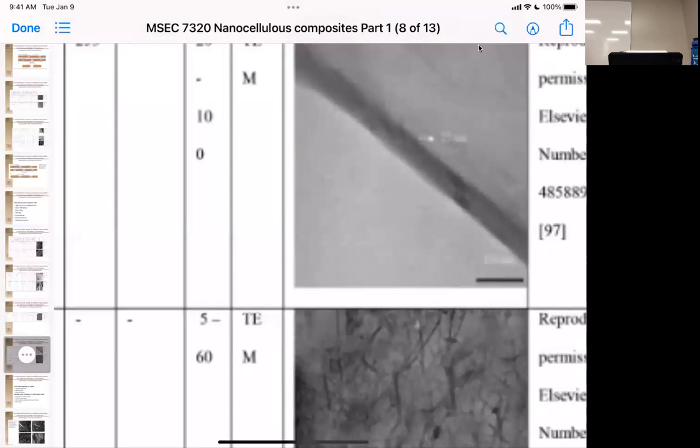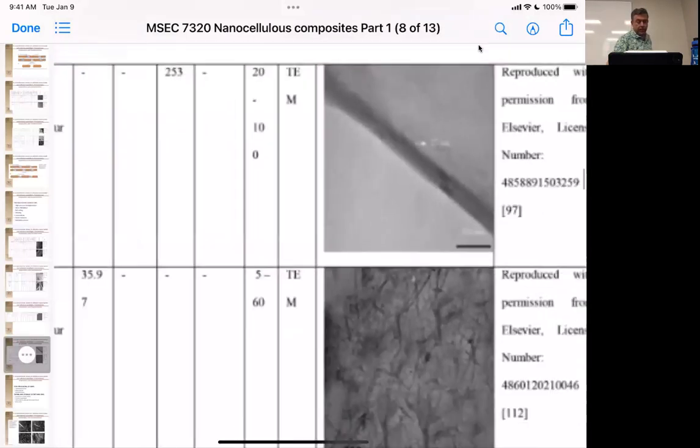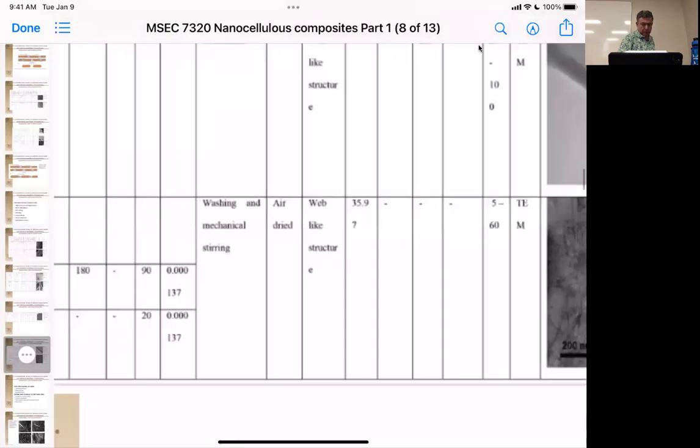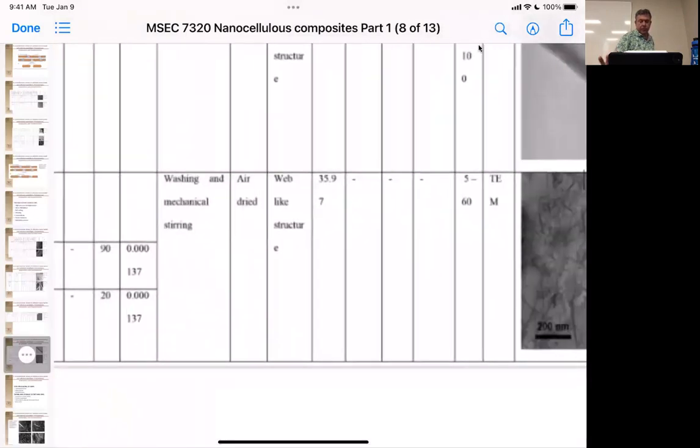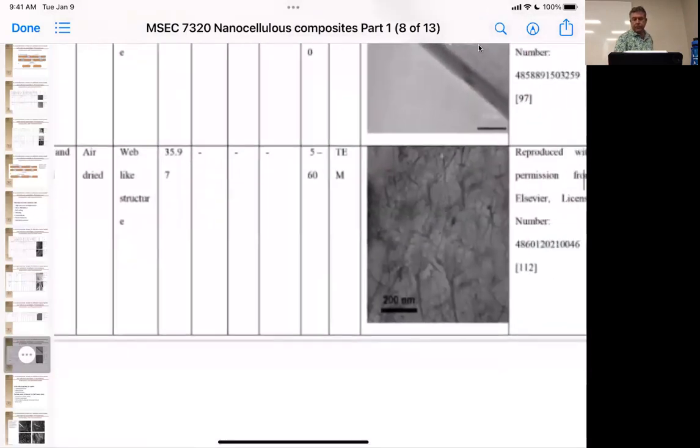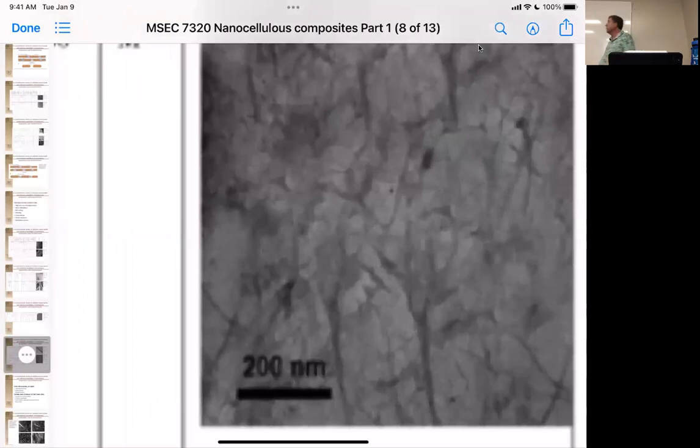This one, on the other hand, is not cryo grinding, but the mechanical steam explosion process and then air dried. So the steam explosion process looks like it makes a really good matty structure, but there's also, this is like maybe a bundle, and these have fully broken apart. So it looks like that was maybe a fibril instead of just a fiber.